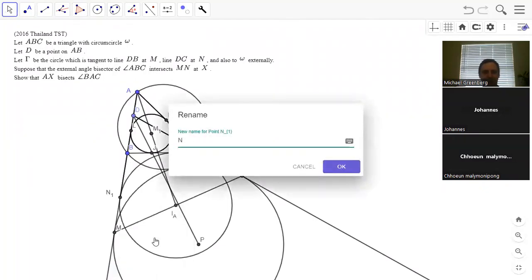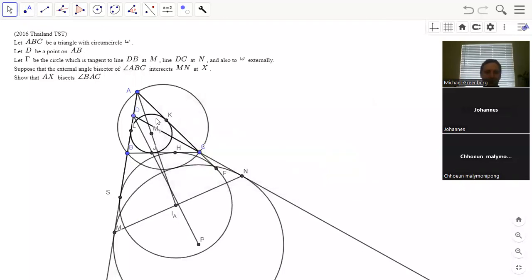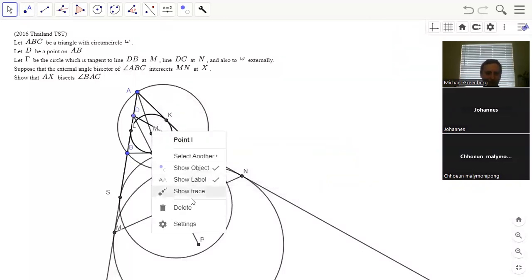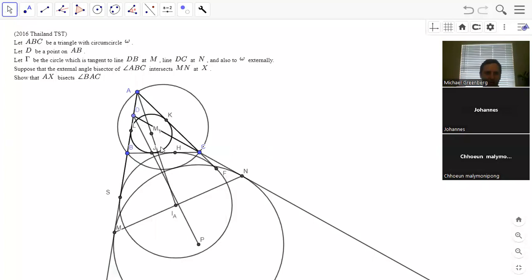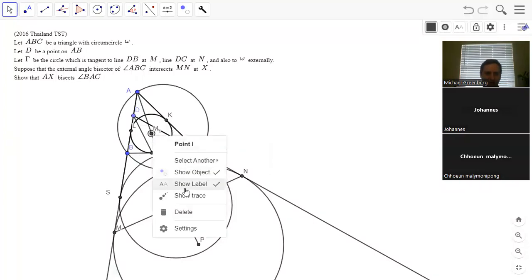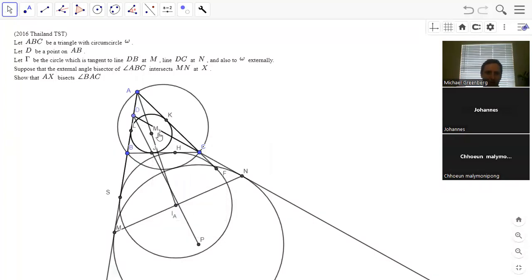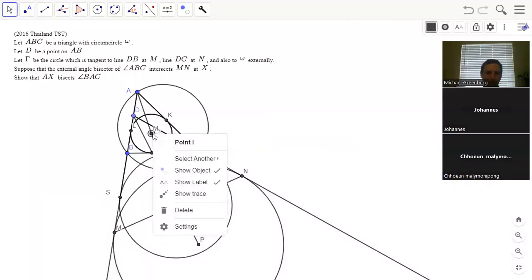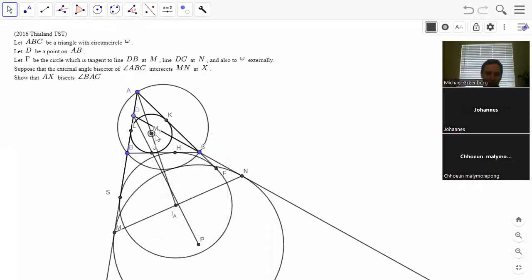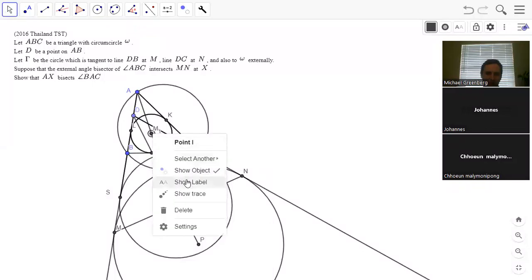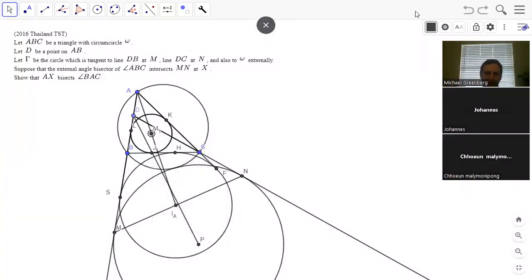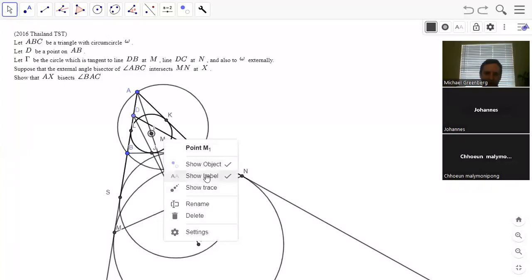Yeah, so it's just like the first problem. How do I rename? I want to get rid of M1. Let's see. There we go.